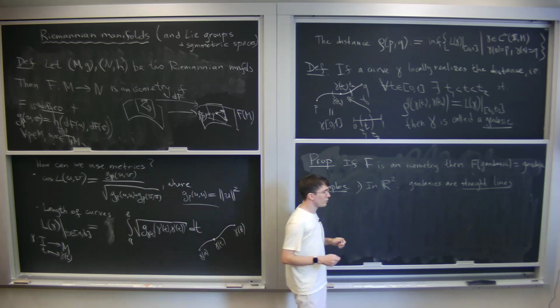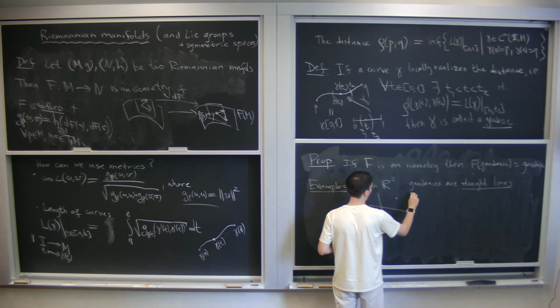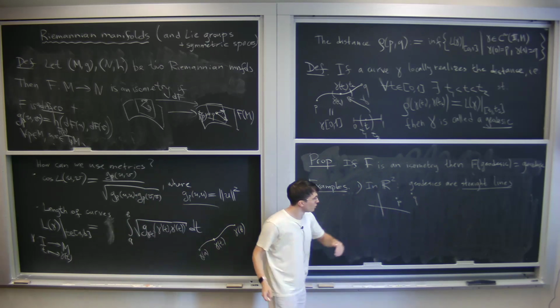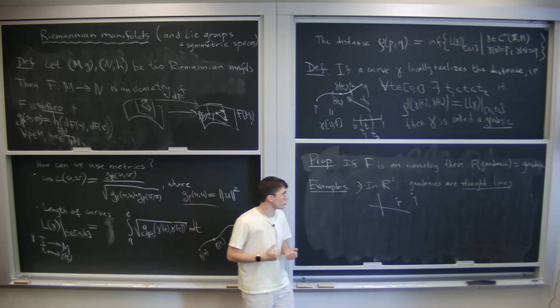A little bit more clever way is to show that isometries in the Euclidean space are translations, reflections, rotations.